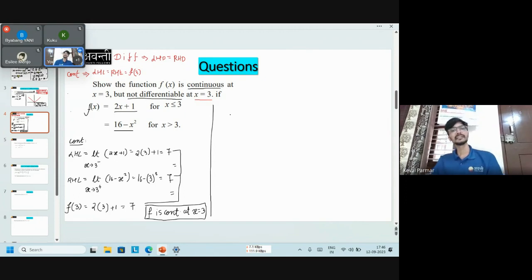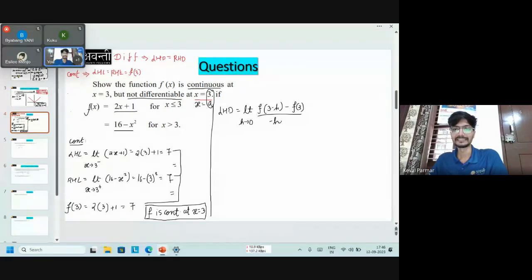Now, let's check the differentiability. So, LHD. LHD, if you remember, at x equal to 3 means at x equals to a, so a value is 3. Limit h tends to 0, f of a minus h minus f of a upon minus h.